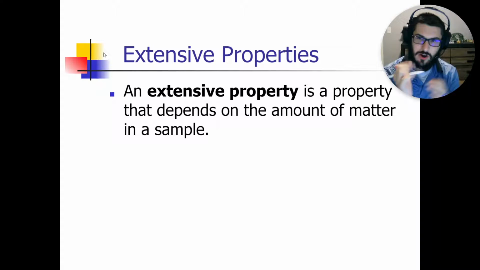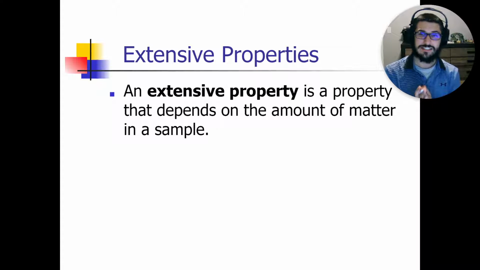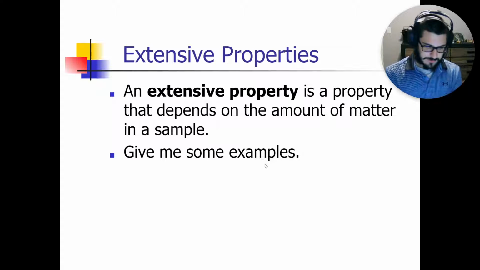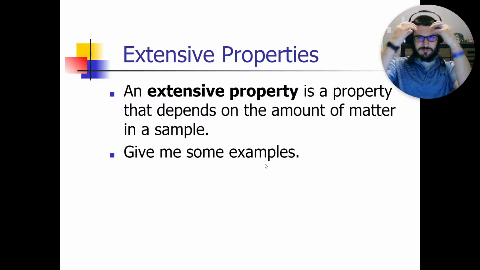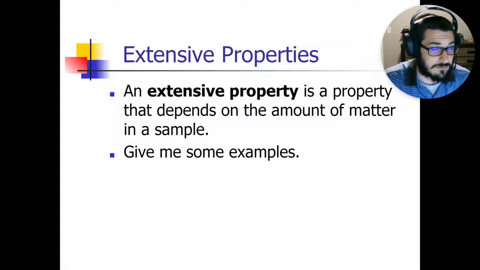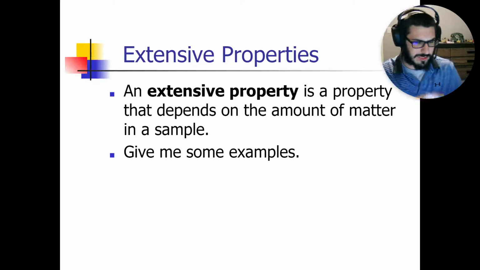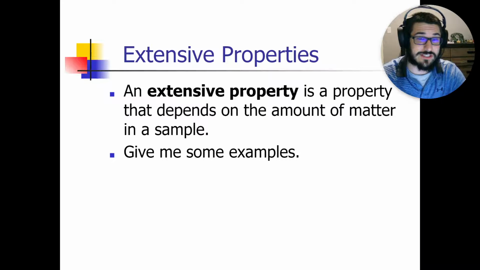Extensive properties are ones that depend on the amount of matter. They depend on the amount of matter. So think about some examples, some properties that you think depend on how much of the substance is there. Pause the video, think if you can come up with some extensive properties, things that depend on how much matter is there.